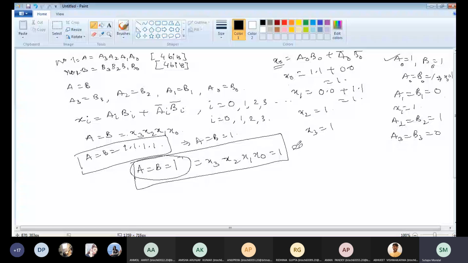Okay. Now the second one is, suppose when A is less than B. So we will have one expression for A less than B. That means we will have the expression A3 bar B3 plus x3 A2 bar B2 plus x3 x2 A1 bar B1 plus x3 x2 x1 A0 dash B0.